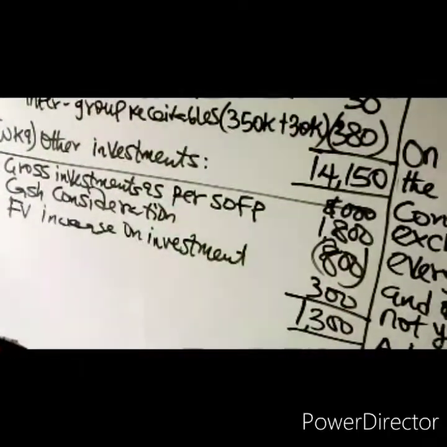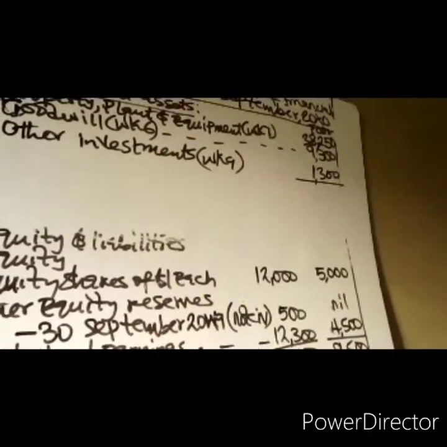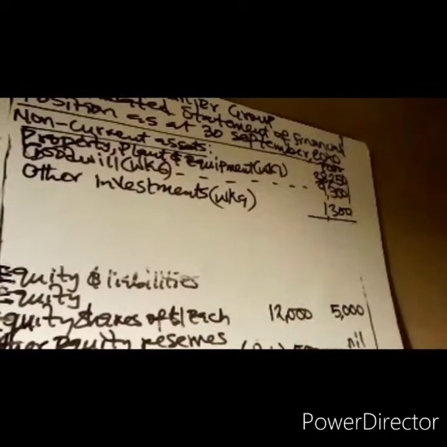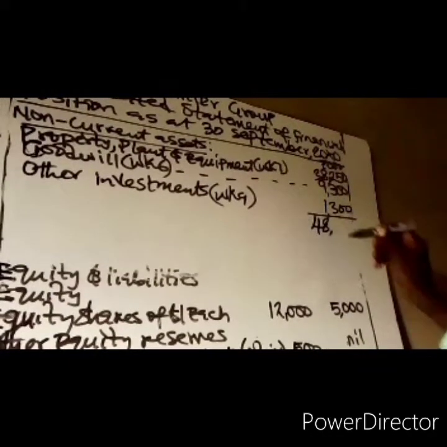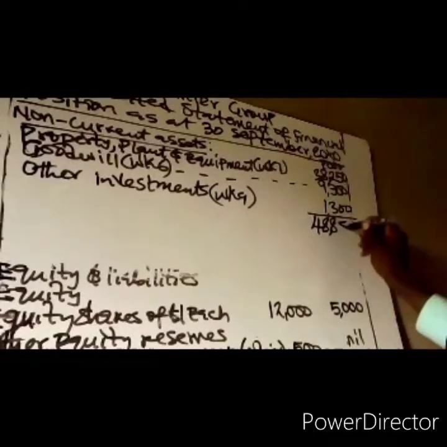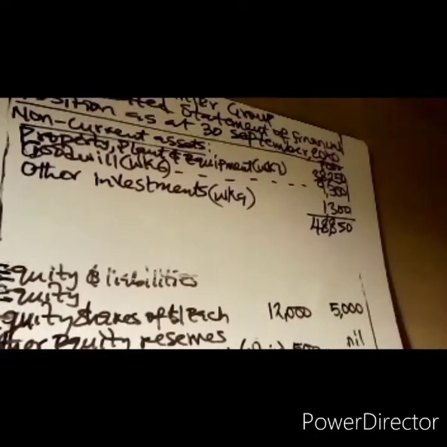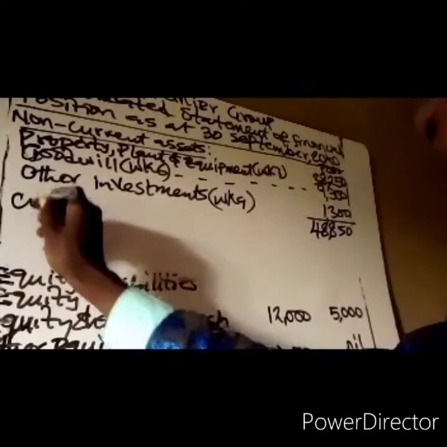So if you record that, then the total of our non-current assets, we have 38,250 plus 9,300 plus 1,300. Then you have the total of non-current assets. It is 48,850. After non-current assets, the next thing should be current assets.